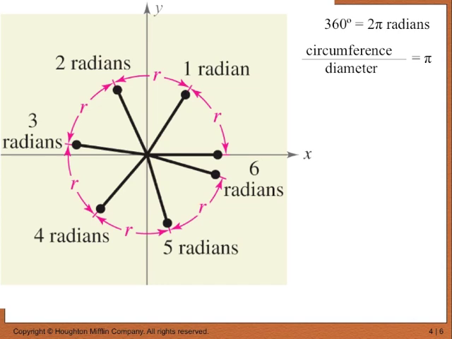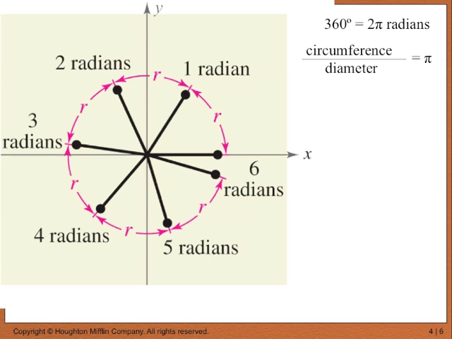For those of you who don't know or don't remember, pi is simply, by definition, circumference over diameter. So any circle in the entire world, no matter how big or small, if you measure that circle's circumference and divide by its diameter, you will always end up with the number pi, 3.14159, etc. So circumference over diameter equals pi.